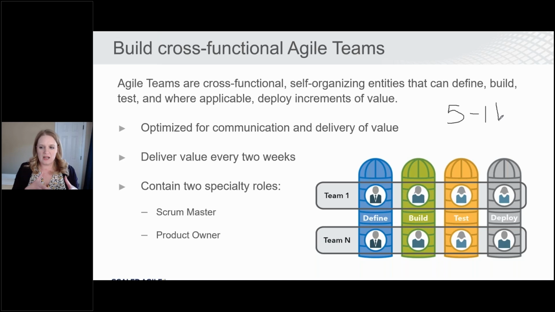Typically, we're operating using Scrum and Kanban, which we'll take a look at, to deliver value every iteration. So we're cutting across our typical silos in our organizations to build teams that work collaboratively and can deliver value.